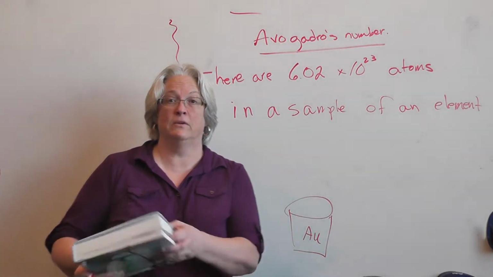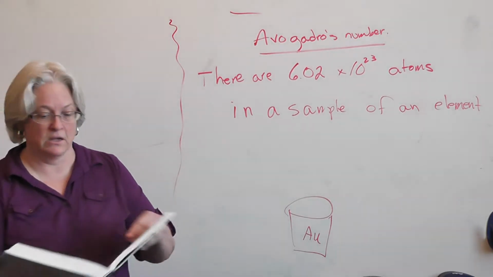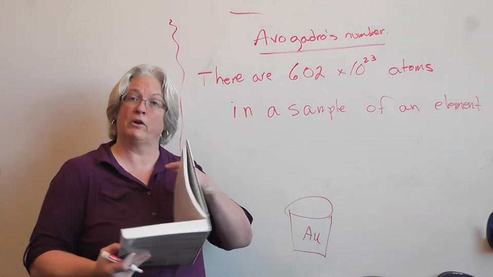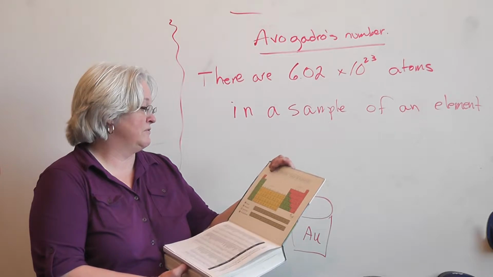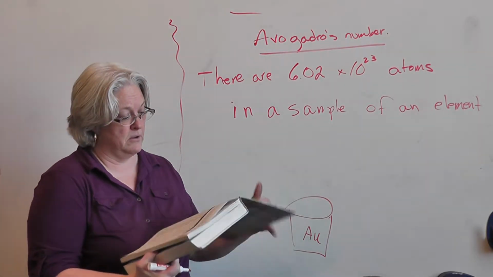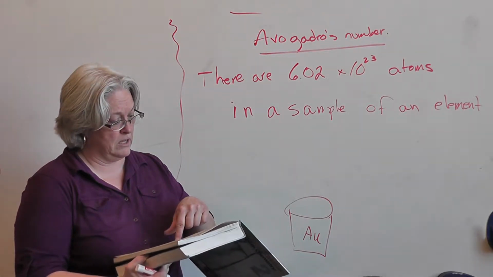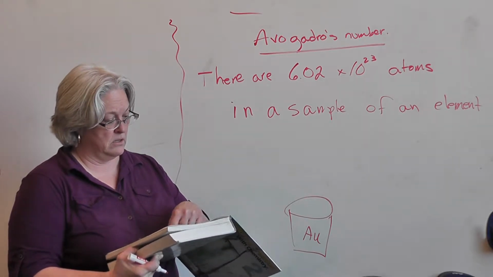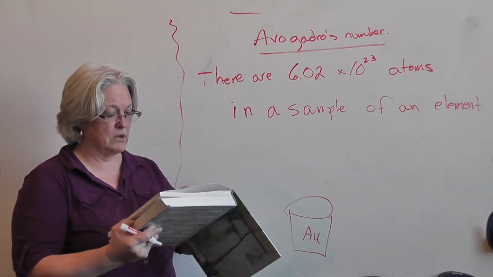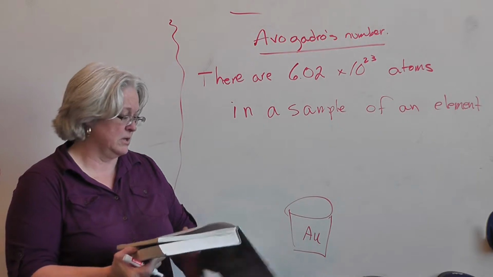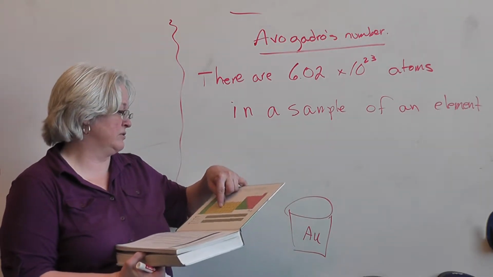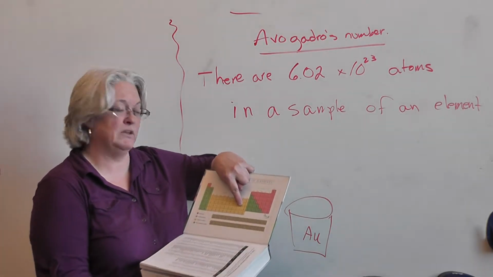Au. And let's see, is that drawn there? Yes. If you look in your periodic table of the elements, you're going to find Au. How come it's not here? It's because it's gold. It's number 79.